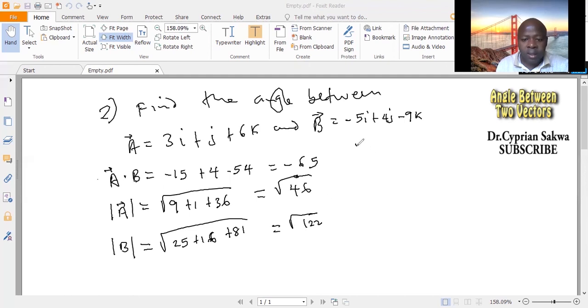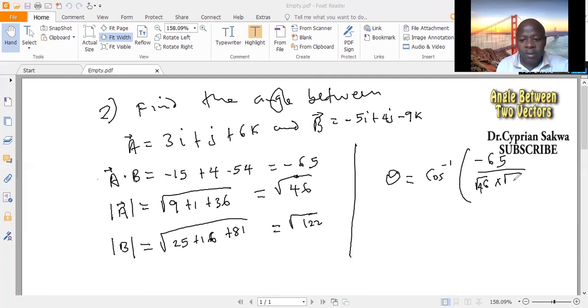And so what is the angle between these two vectors? Theta is cos inverse of A dot B, which is negative 65, over root 46 times root 122.